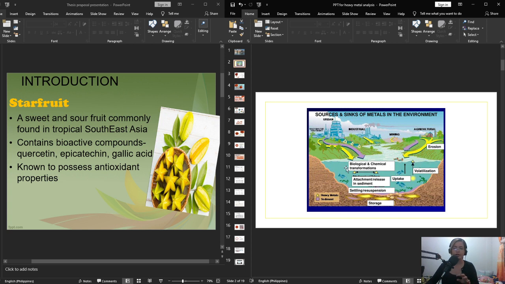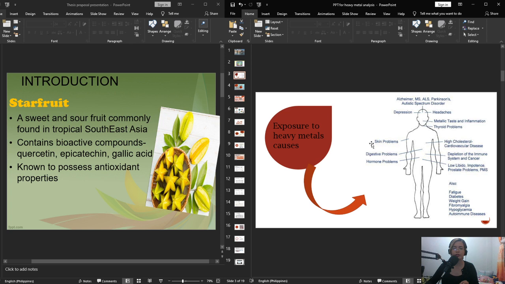Then there are lots of biochemical hazards or heavy metals that can be introduced directly into the rivers. They have another one. Their problem is what is now the effect of these heavy metals to humans? So they have this picture.